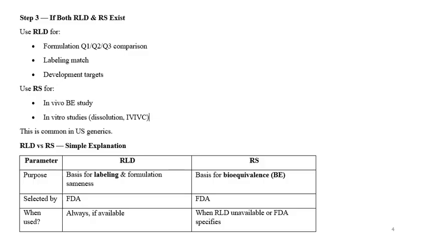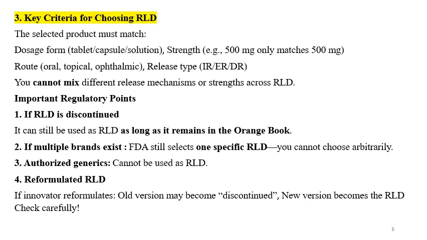That time RS is used for the bioequivalence studies, in vitro studies, in vivo studies, and RLD for the formulation sameness. Key criteria for selection of the RLD. The selected product must match dosage form, strength, route of administration, and the release type. You cannot mix different release mechanisms or strengths across the RLD.